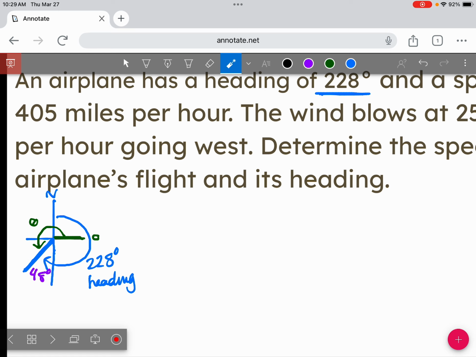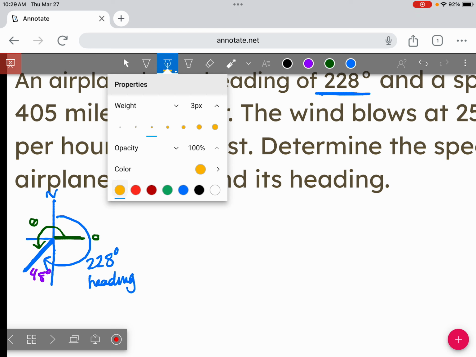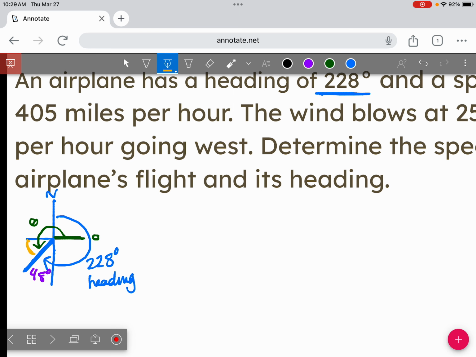Which means that our other angle on there, its complement, the other angle in that quadrant, this guy here would be 42, which means our green angle, our theta, for our airplane here is going to be our 180 plus that 42 to get 222 degrees.